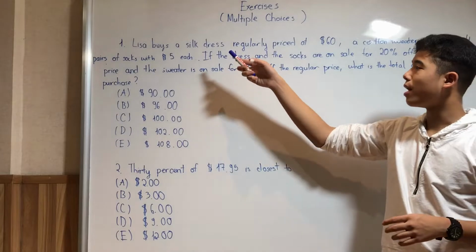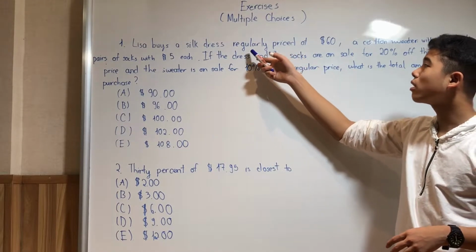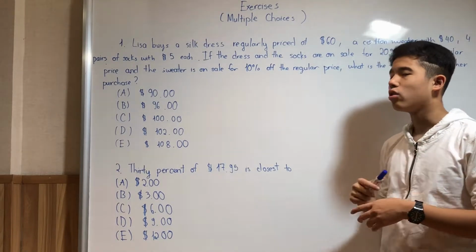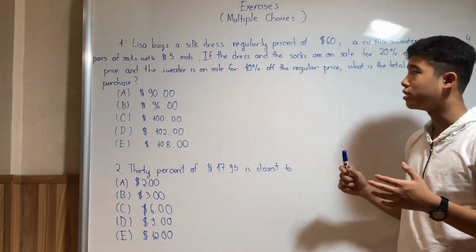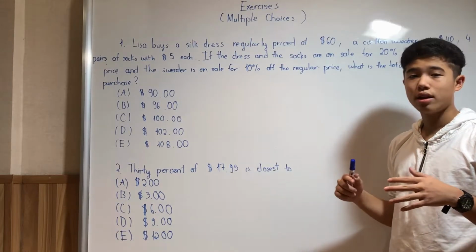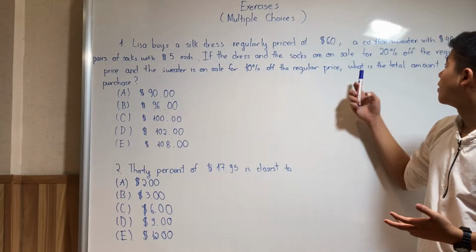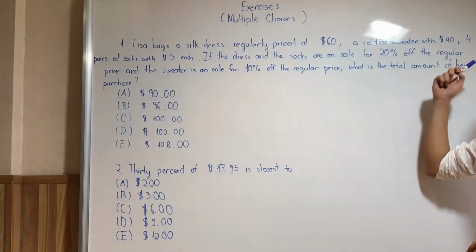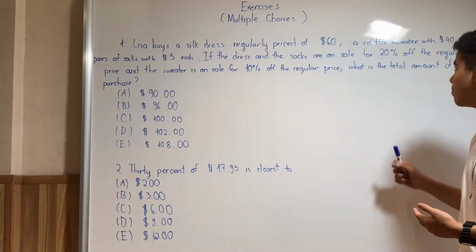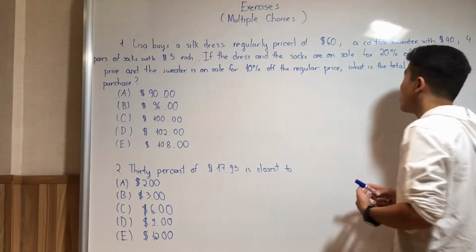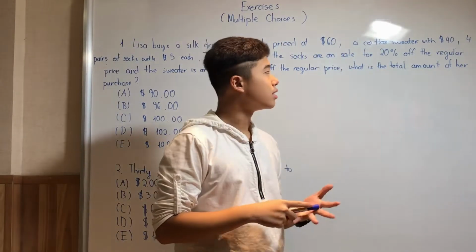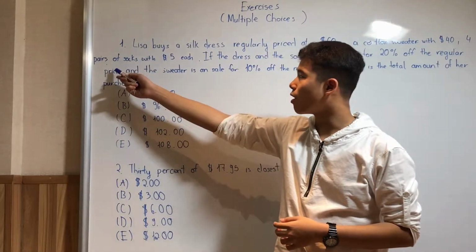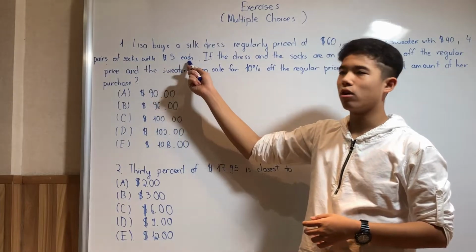First one, Lisa buys a silk dress regularly priced at $60, then she buys a cotton sweater for $40, and then she buys four pairs of socks at $5 each.